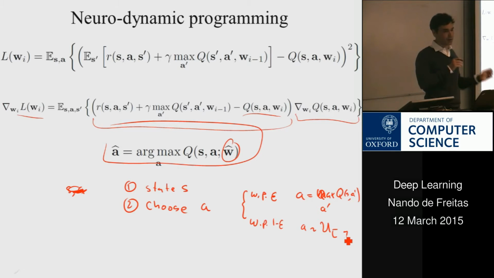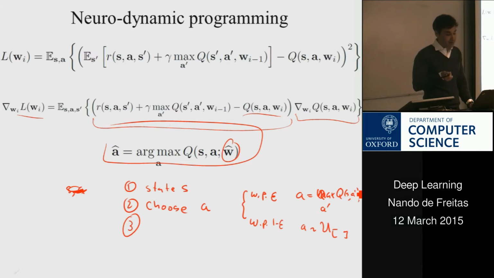There's a whole family of techniques that allow you to be smarter about how you choose the actions. And in particular, what you should be doing is choosing actions that take you to places where you don't know much about Q, because you want to learn about Q. But for now let's use this epsilon greedy strategy.